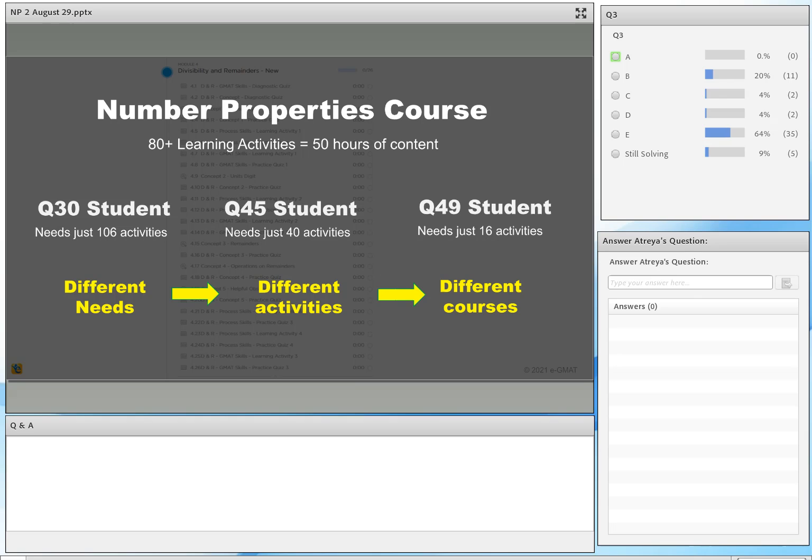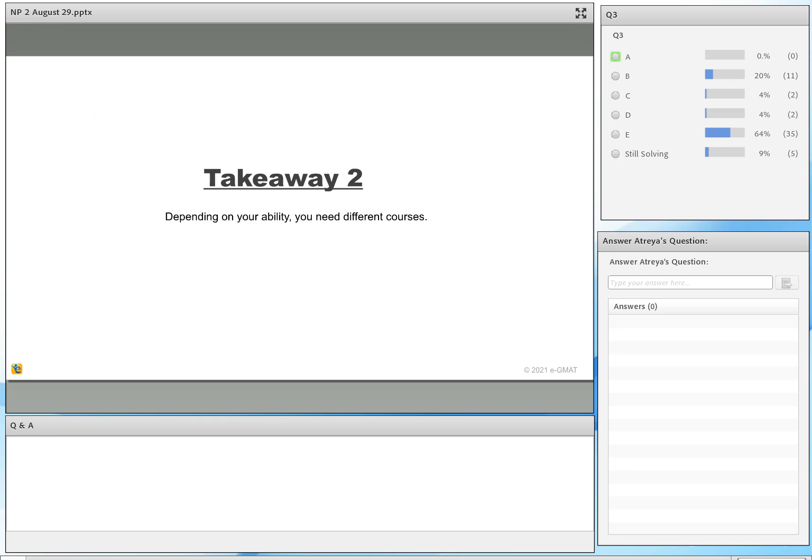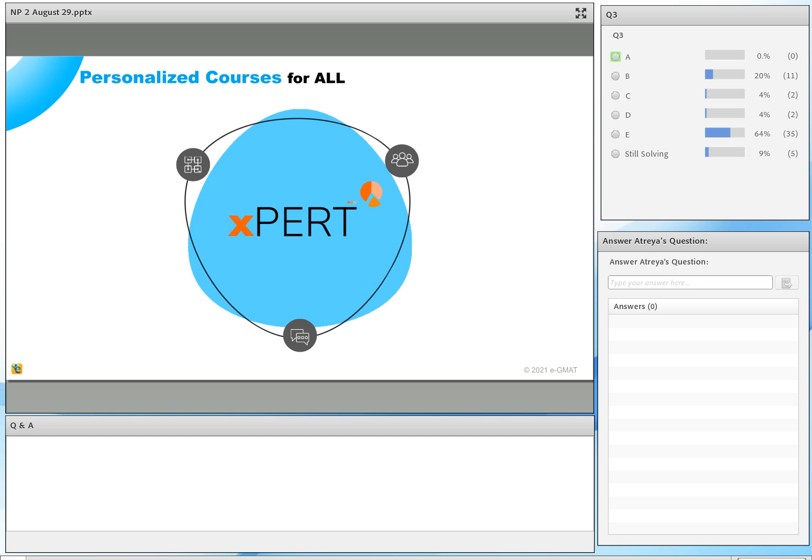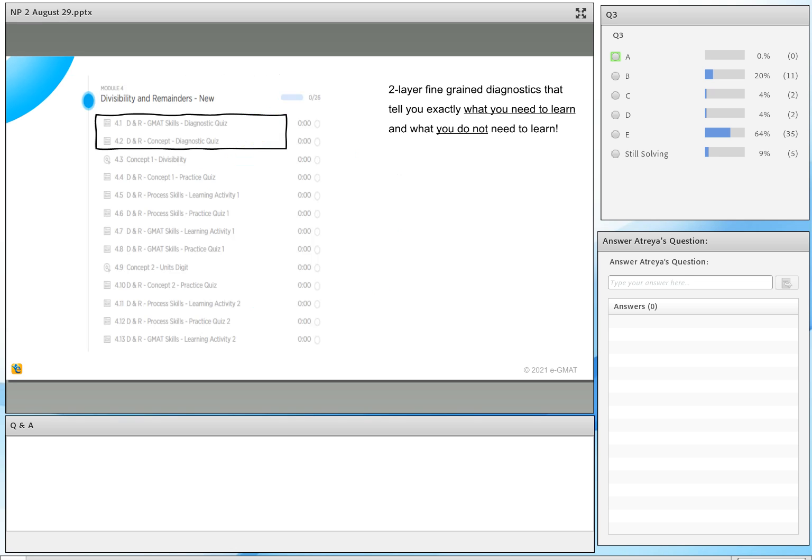So the different needs of each student mean you solve different activities, which essentially means the same course but different for all of you. So that is the second takeaway: you need a course aligned to your specific needs, your strengths and your weaknesses, right? The next thing is the adaptive learning architecture I was talking about. Every module, for example divisibility and remainders, is already available in your free trial.